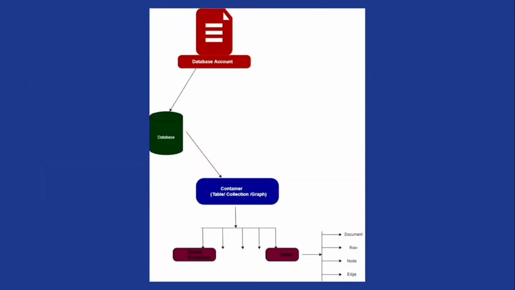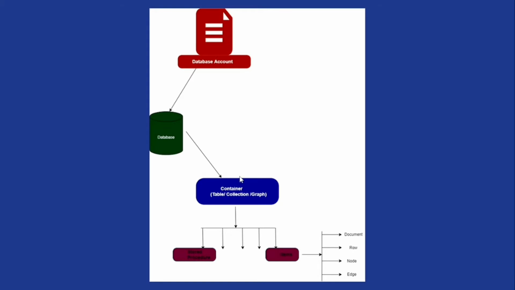So in Azure, we have to create our Azure Cosmos DB account. The flow for creating an Azure Cosmos DB account looks like this. We will have database accounts where we register. Once we register the Azure Cosmos DB account, we can create the database. Inside the database, we can have containers.